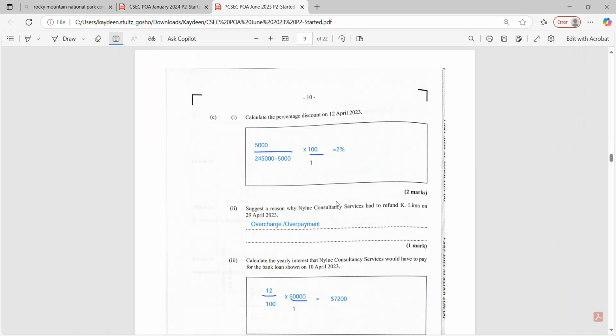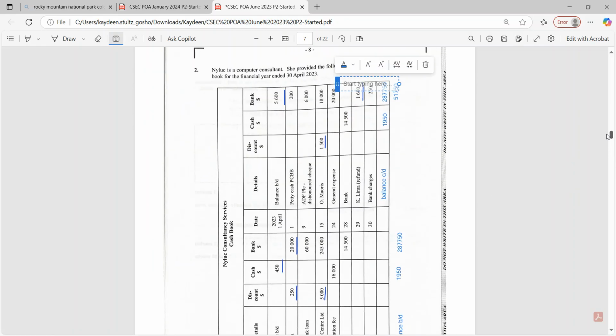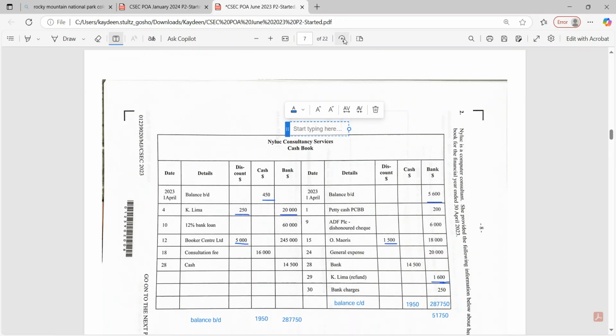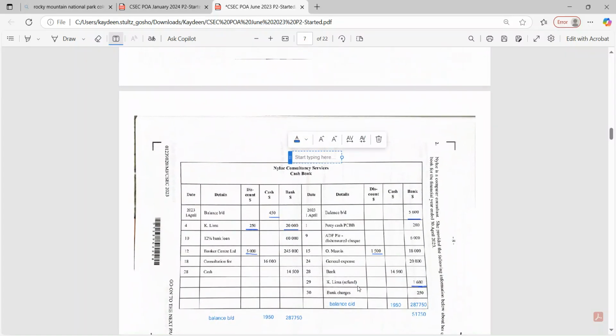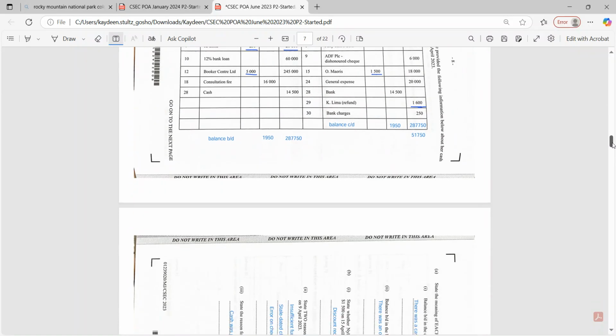Suggest a reason why Nyla Consultancy Services had to refund K Lima on the 29th of April 2023. So again, you go up to your cash book, 29th of April 2023, K Lima refund $1,600.